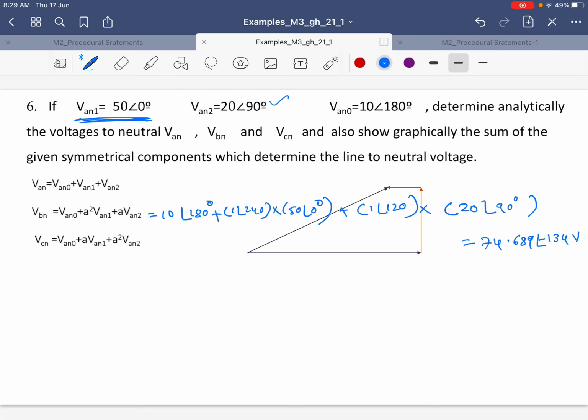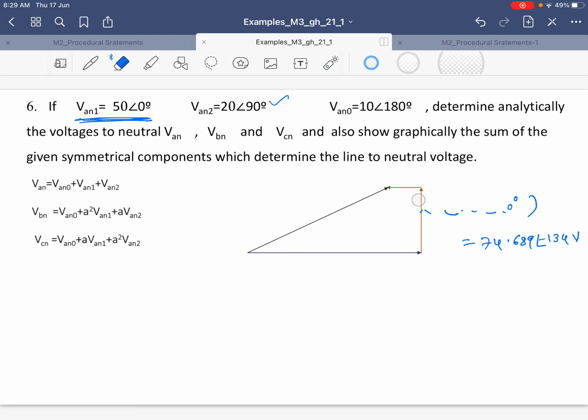Similarly, you substitute the values of VAN0, VAN1, VAN2 for VAN and VCN and get the answers. I will summarize the answers here for all the vectors, calculated by substitution using the calculator.